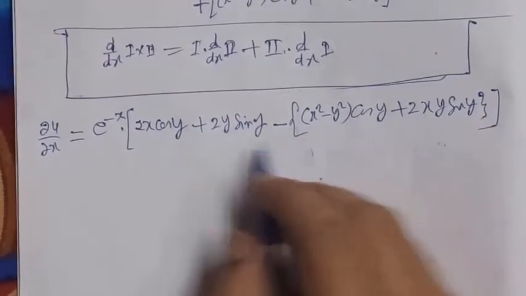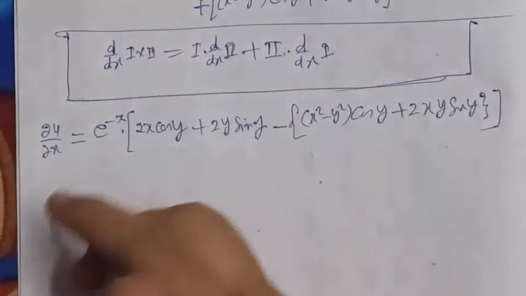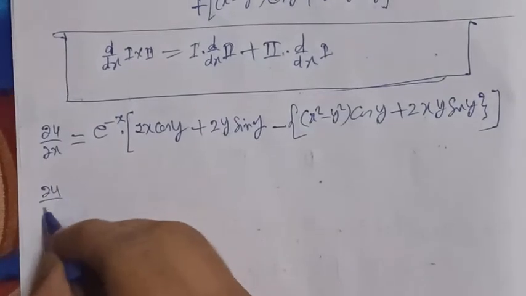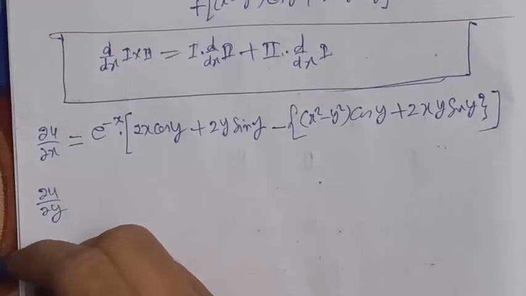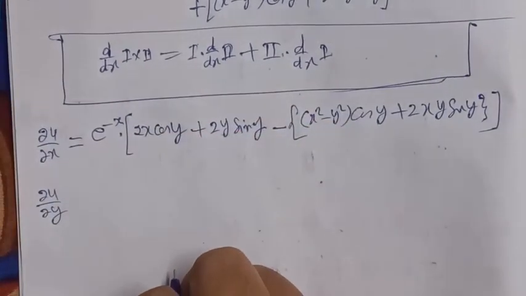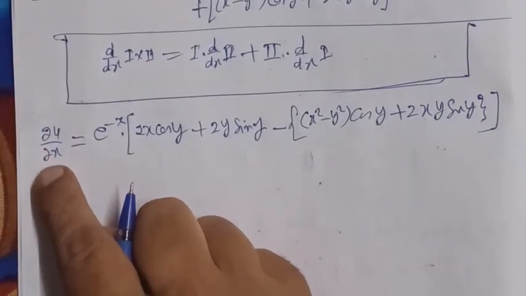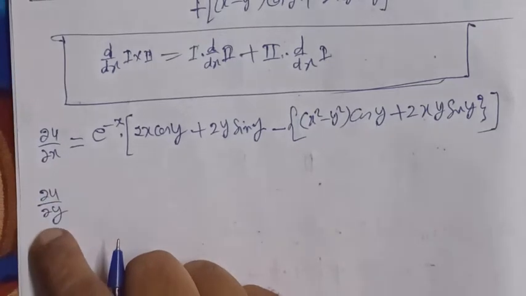Now we must find the value of del u over del y. For applying the Milne-Thomson method, we have to find del u over del x, and also del u over del y.